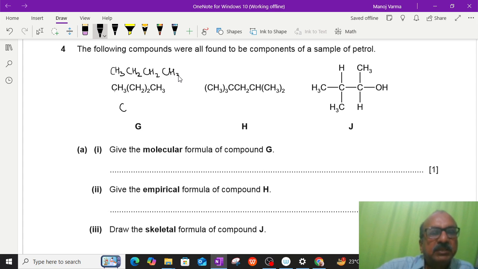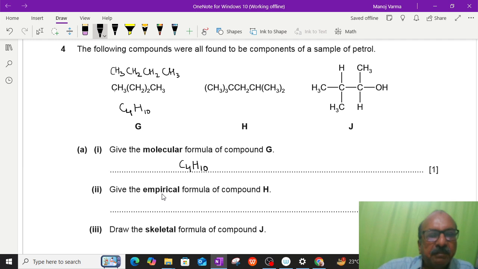So you can see that there are 4 carbon atoms, and hydrogen atoms 3, 5, 7 and 3, 10. So the molecular formula of the compound G is C4H10. So this is the answer.